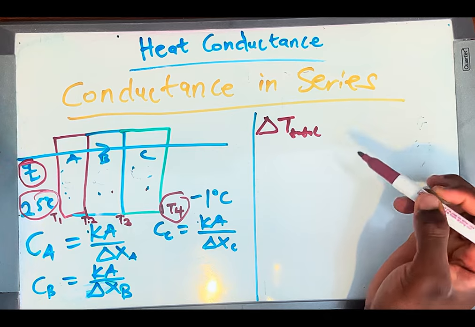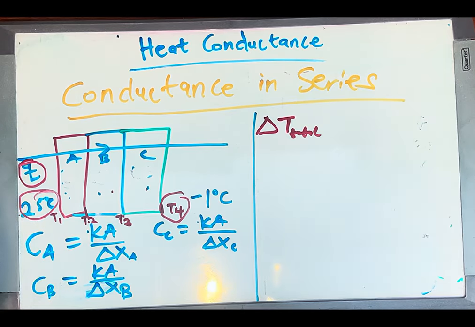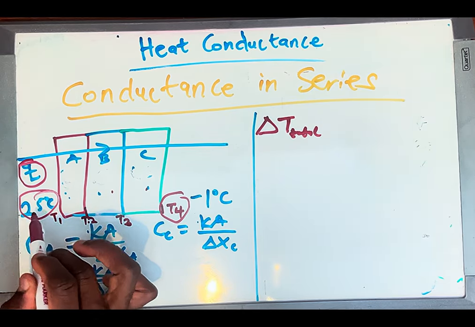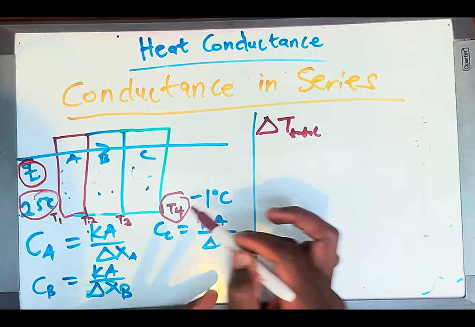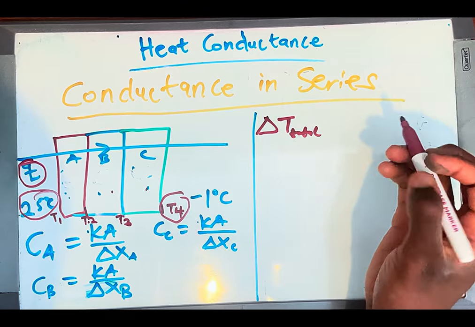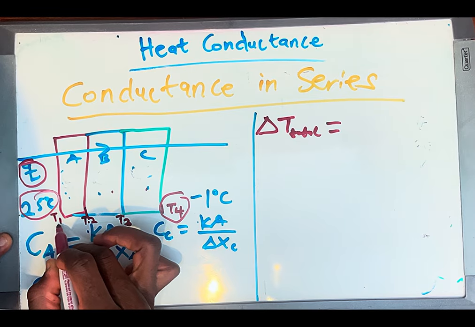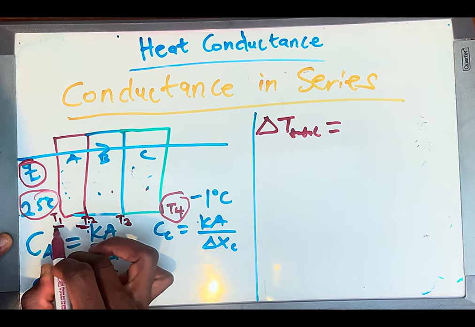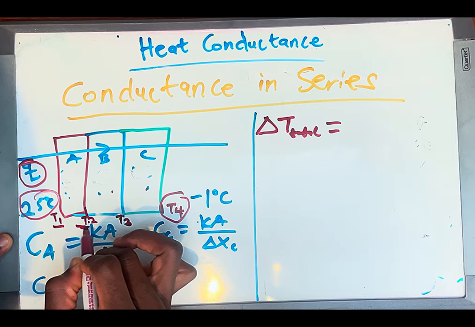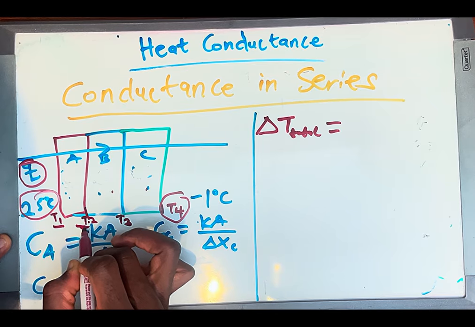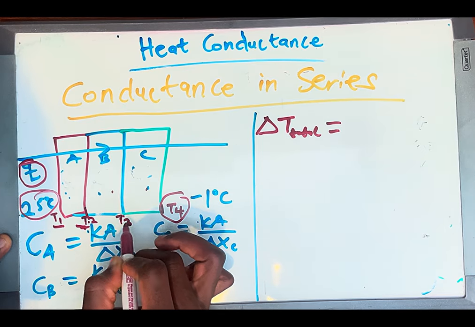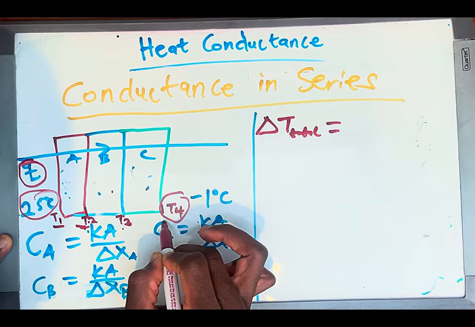The total change in temperature is between the one at the far end, which is the room, and the one at the other far end, which is outside. So the total change in temperature is the sum of the changes from the inside of the room to the first material interface, from the first material interface to the second material interface, and from the second material to the third material interface as well.